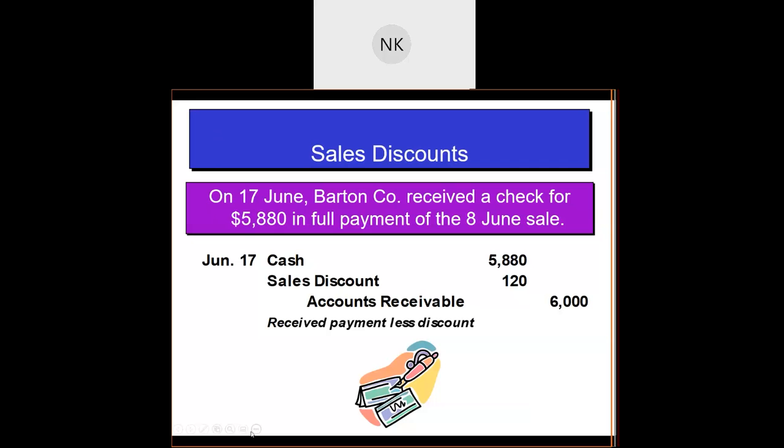So you have to determine which one is sales discount. Read carefully. Is it sales discount or is it purchase discount? If you get it wrong, then it will be the other way around, the opposite.